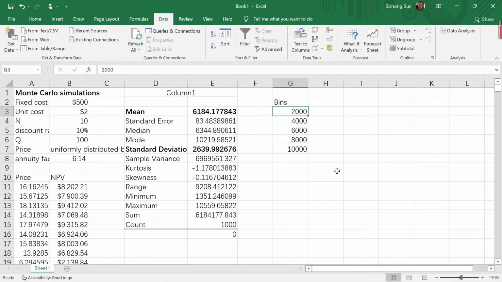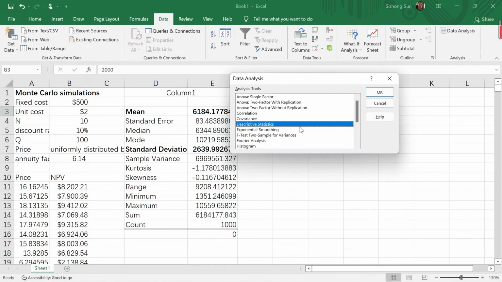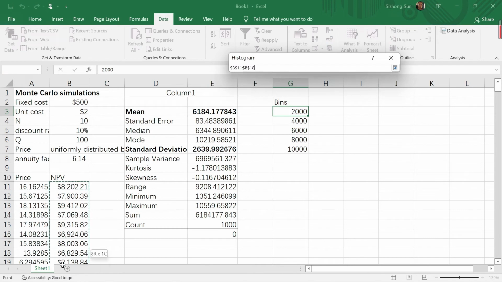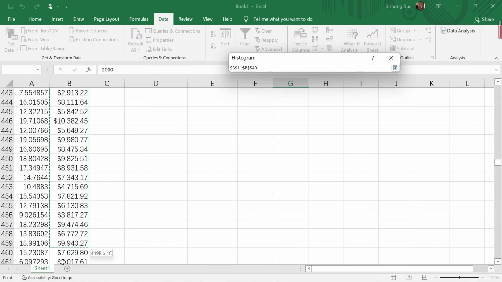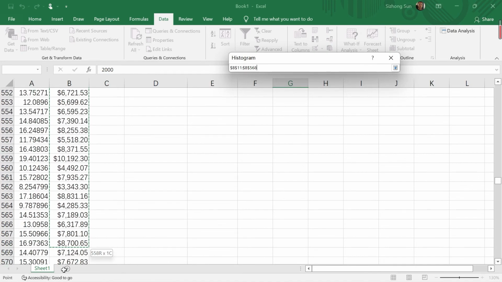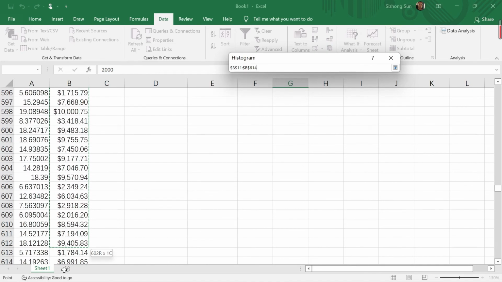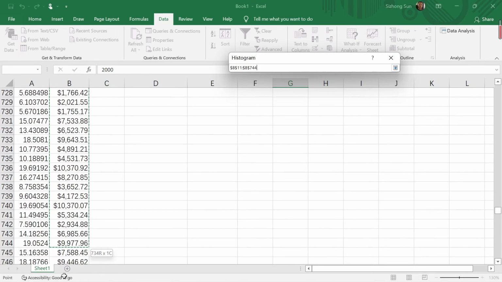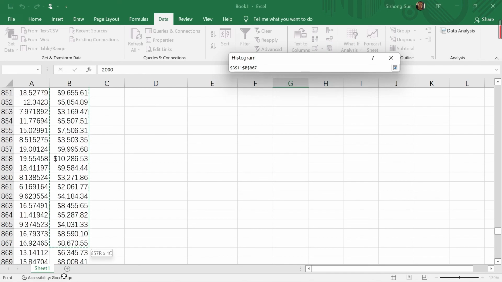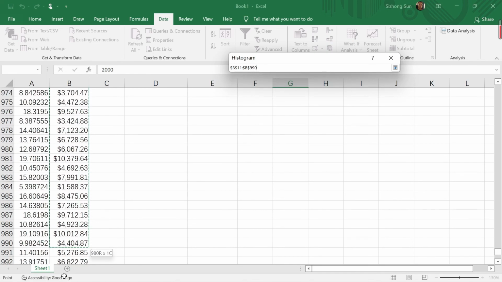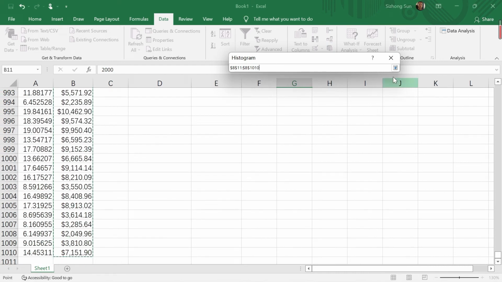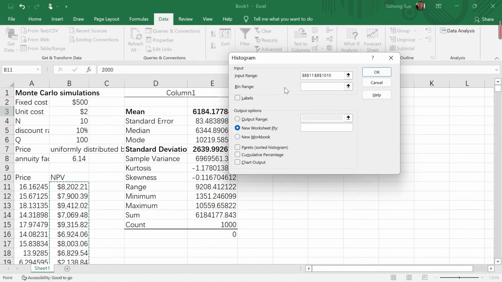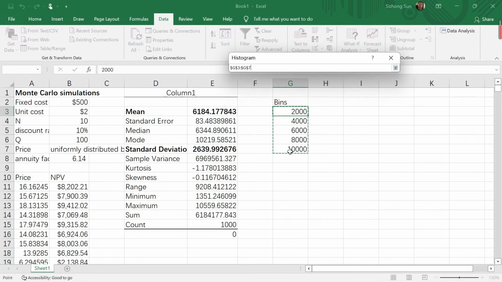Okay. So let's go to data analysis, histogram. The input range is the data we have. The bins are the bins we have chosen.